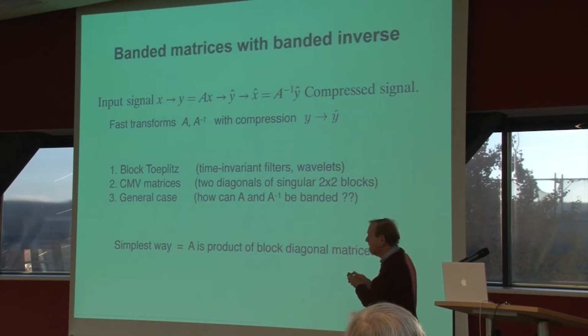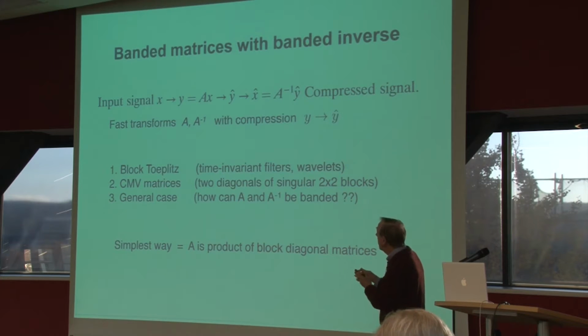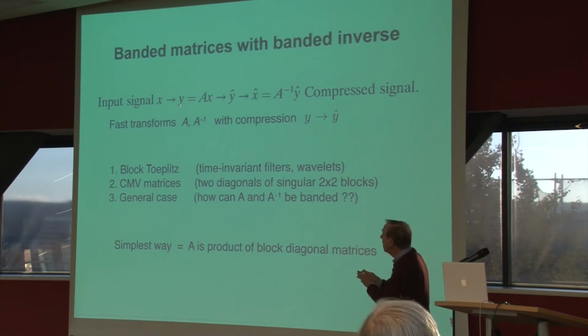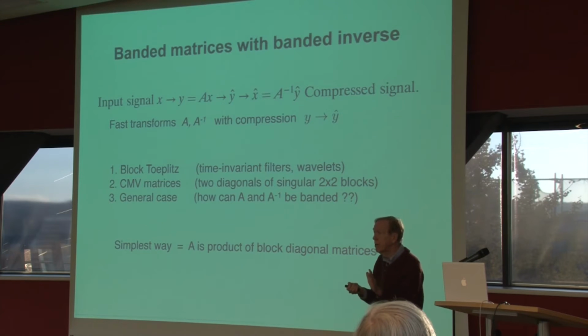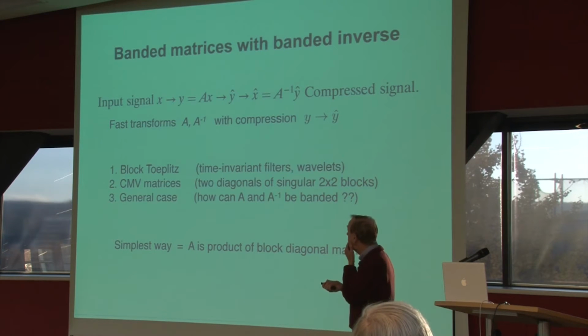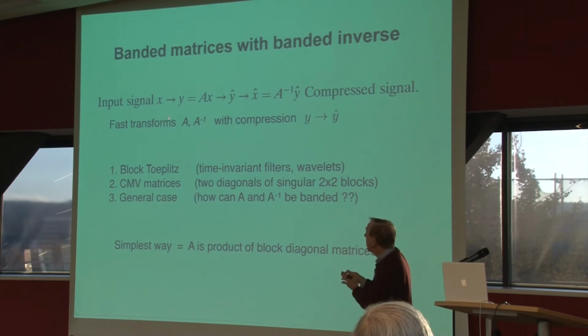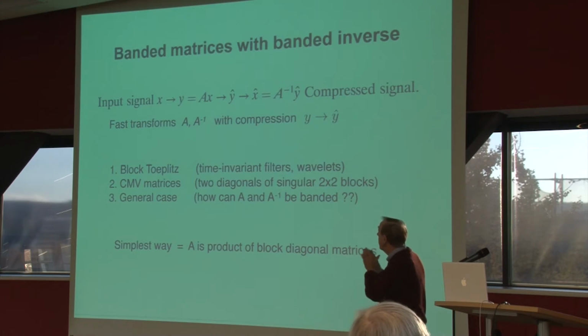Take your vector X in sort of pixel space, and take its Fourier transform or its wavelet transform or other transforms, and you get a vector Y. So no compression at this point, no loss of information. This is a square matrix, invertible. We can recover X from Y.